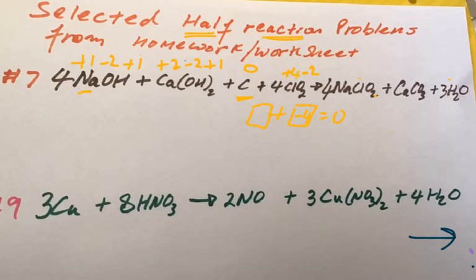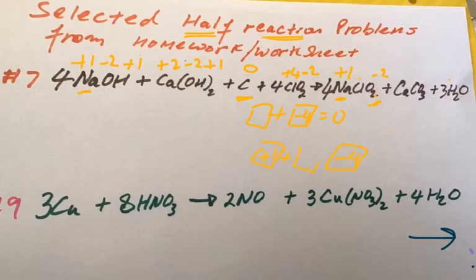Okay, moving on. Sodium, group 1 metal, is always going to be +1. Oxygen, most of the time, is going to be -2, right? So let's do some more calculations. We have two oxygens here. That's going to give us -4, right? Okay. We have one sodium there. So that's going to give us +1.